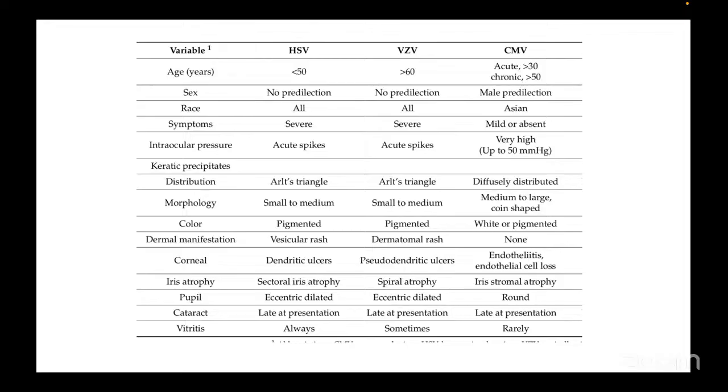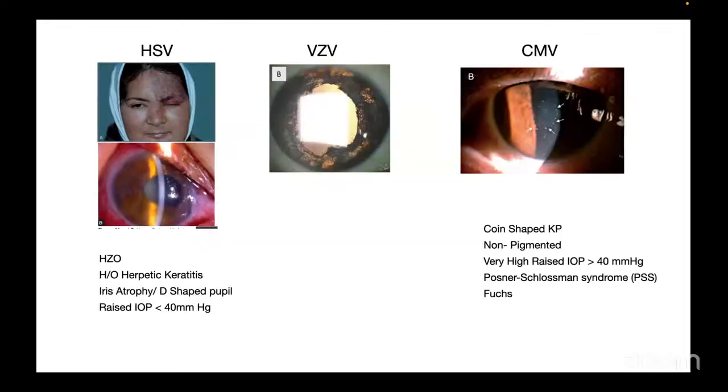The main thing to look for in CMV is the reaction, which is mild, IOP is high, medium to large coin shaped KPs, IOP is not correlated with the inflammation, and the pupil is most of the time round, not atrophic or D-shaped like HSV or VZV.